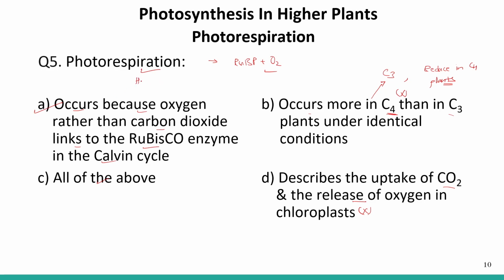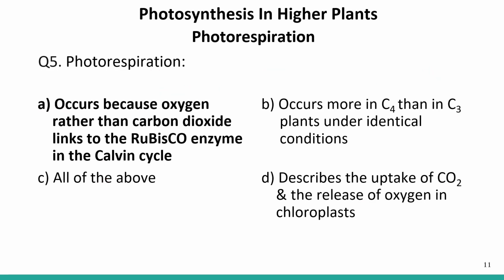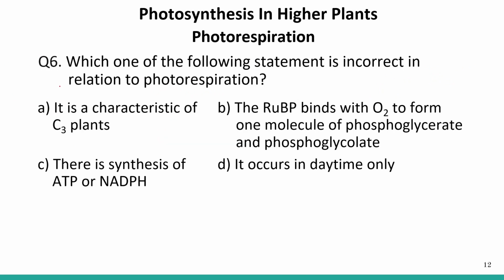During high oxygen conditions, or you can say during a high oxygen to carbon dioxide ratio, the rubisco binds to oxygen instead of carbon dioxide. So the correct answer is option A.